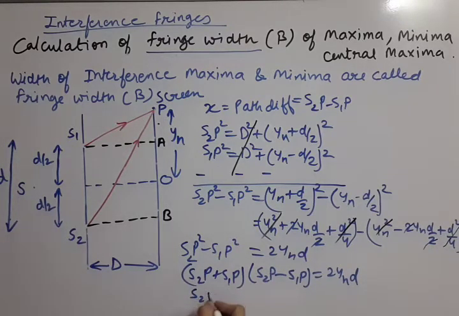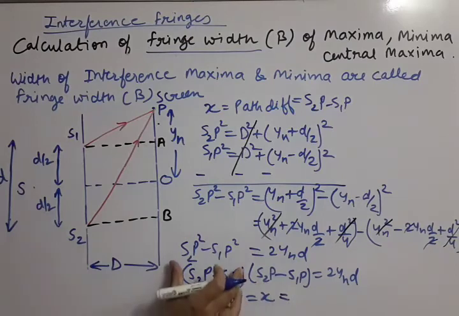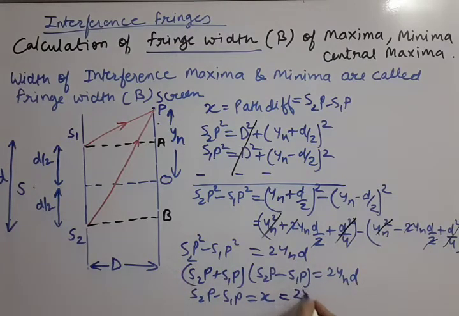We want a minus b, that means x. A minus b, that means x we want. So this plus term will come in the denominator, this way: yn d upon S2P plus S1P.